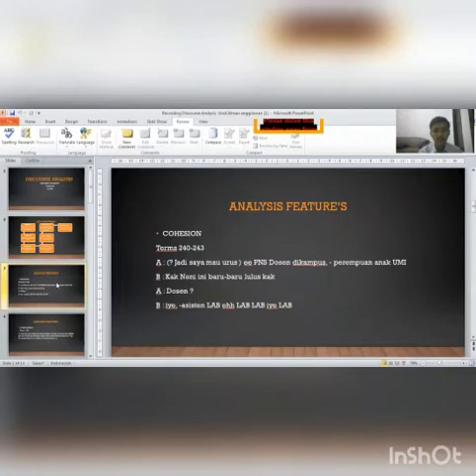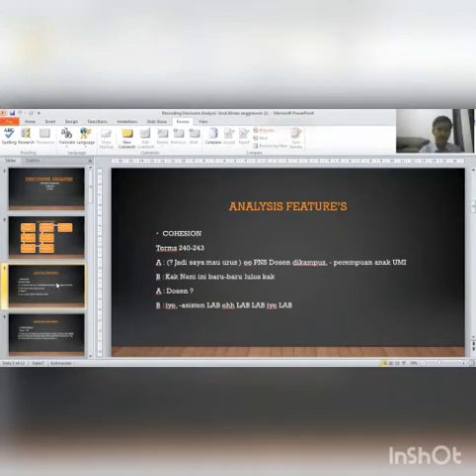The next, okay, analysis features. Why I choose cohesion in terms 240 until 243. You can see in the monitor, on the screen.